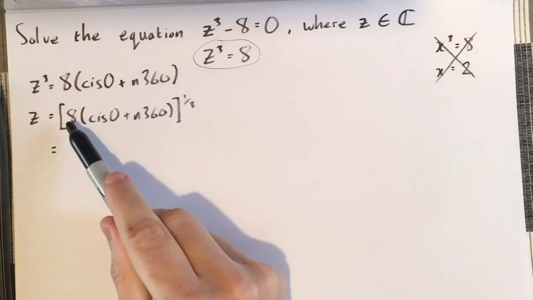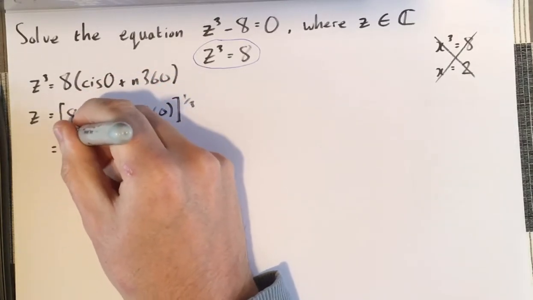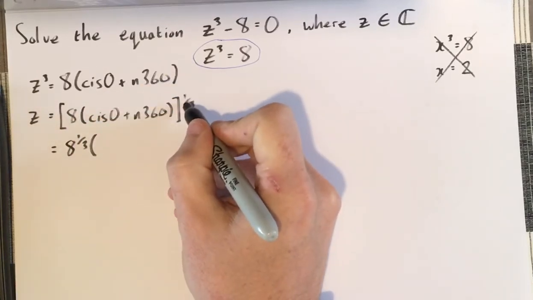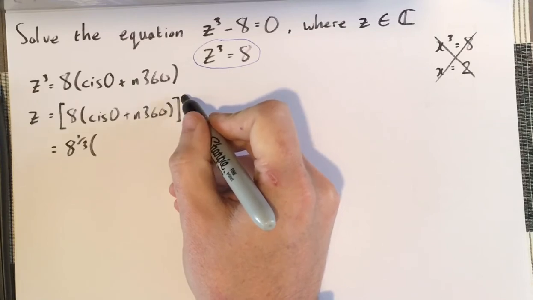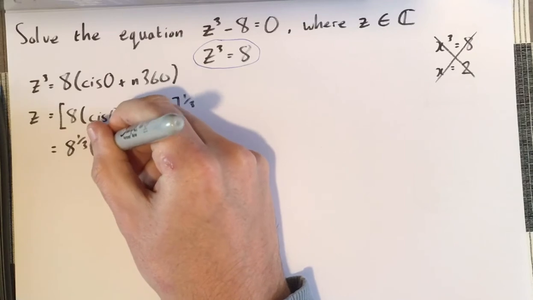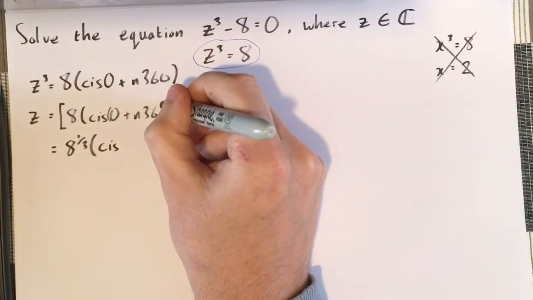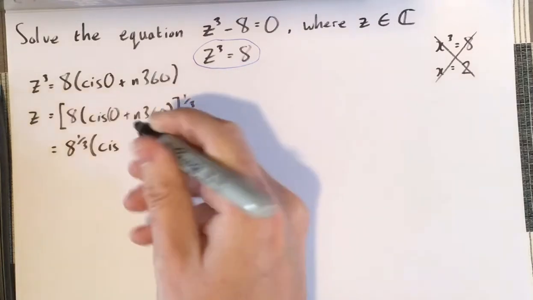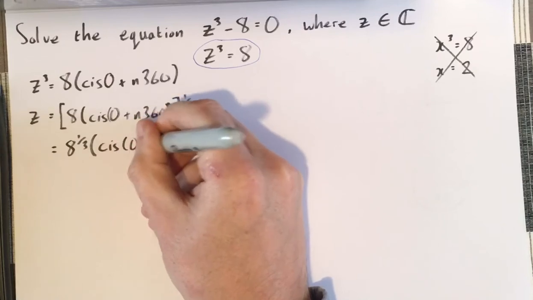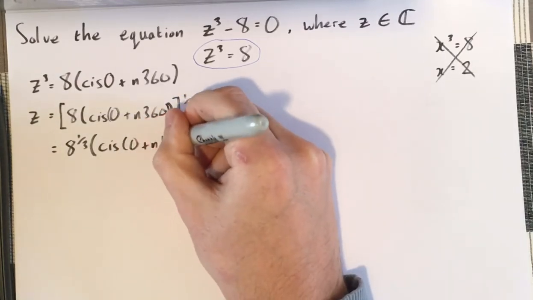That's equal to 8 to the power of a third, and by de Moivre, multiply your power in, so 0 by a third is still just 0, cis of 0 plus 360 times a third is 120, so plus n times 120.